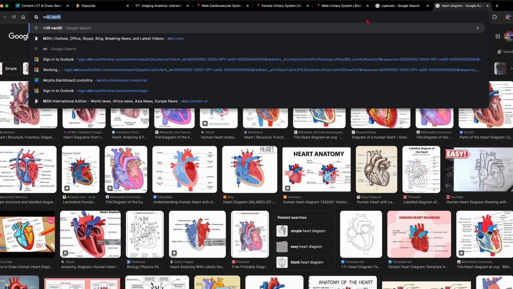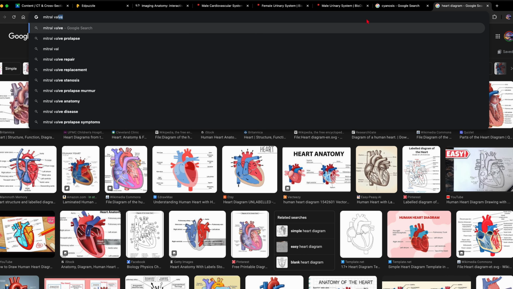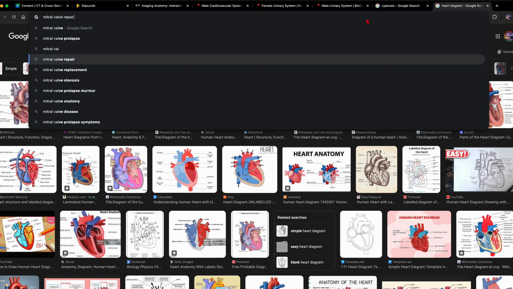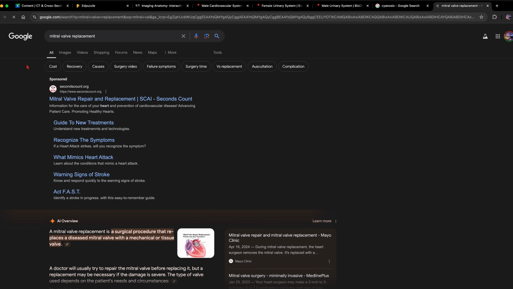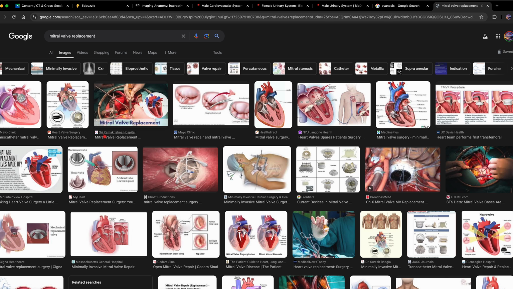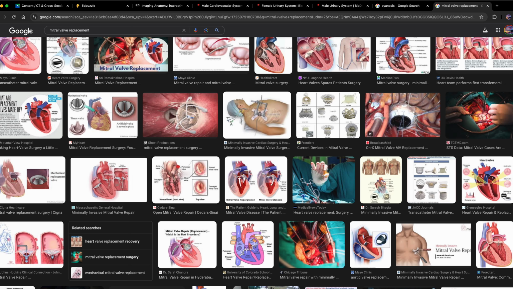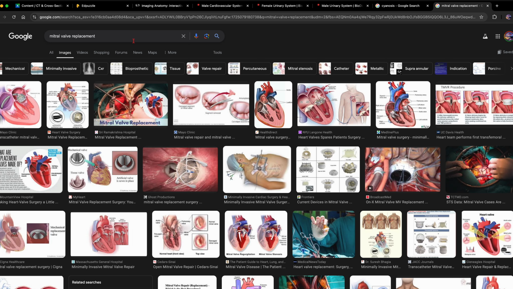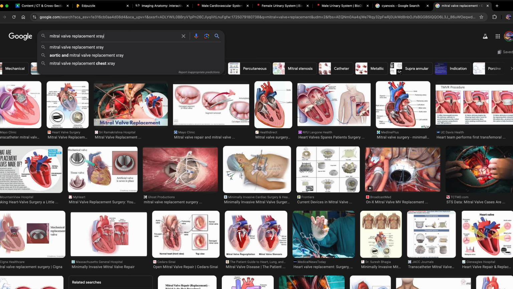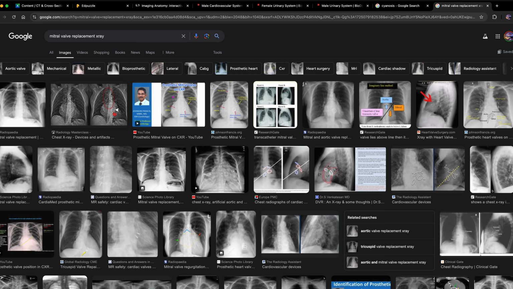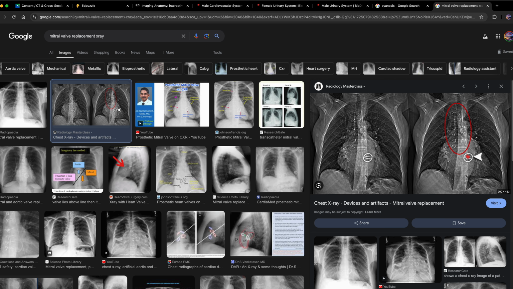So if we look at the mitral valve replacement, we can see that on X-ray. Let me see if I can find one. So X-ray first, and you can see it there on X-ray.